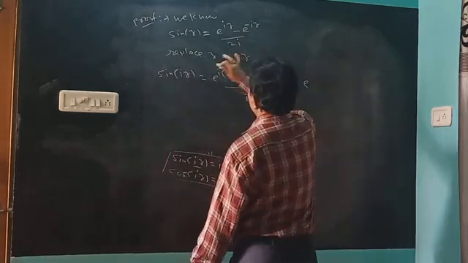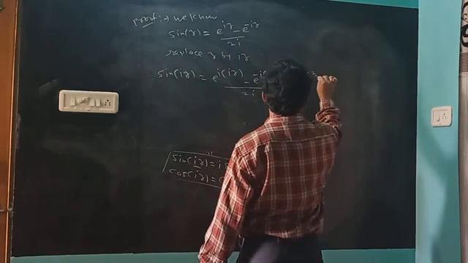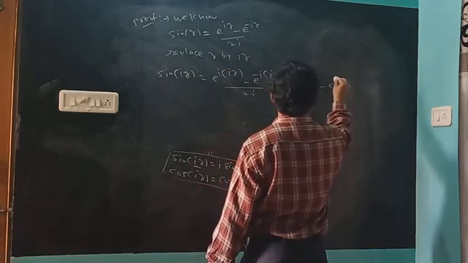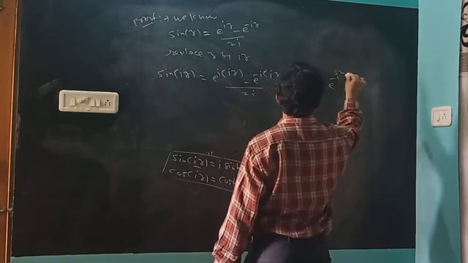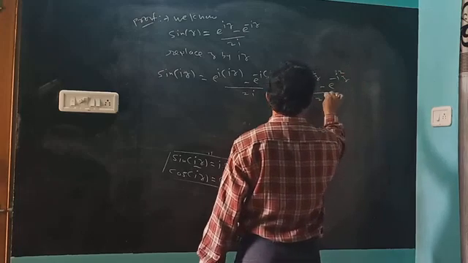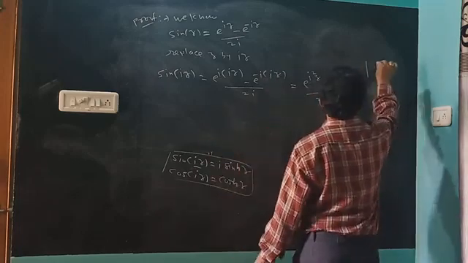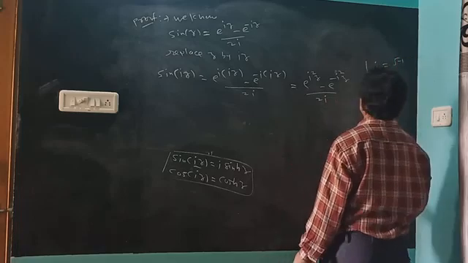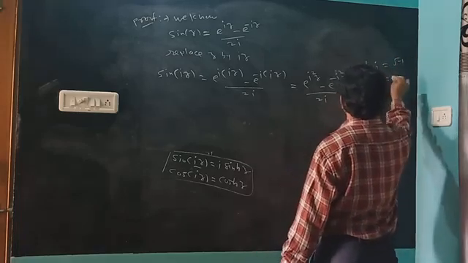So e raised to power I into I square z, e raised to power minus I square z. I square, you know, I is the under root of minus 1. So I square will be minus 1.